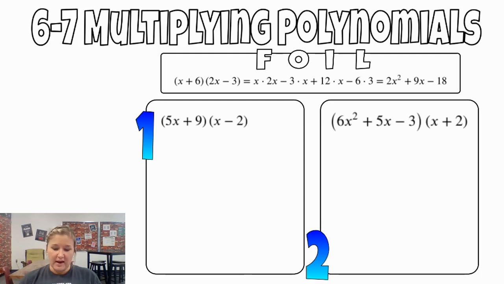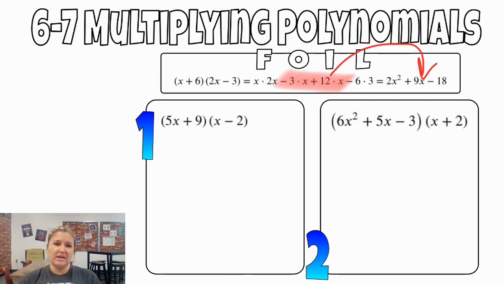And then you want to combine the two like terms, which are going to be the negative 3x and the 12x, negative 3x plus a 12x, which makes, let's see here, let's see if I get that right. Okay. And so that is going to lead you to the positive 9x there. So those are your like terms. Remember, we talked about that at the very beginning of the year where you have the same base, so same variable to the same power.